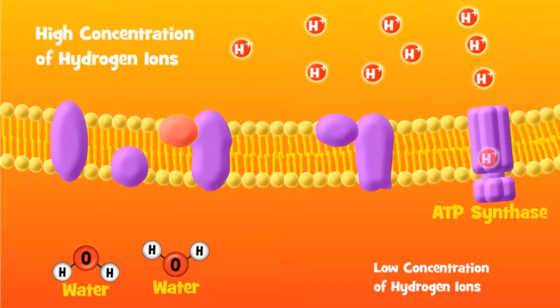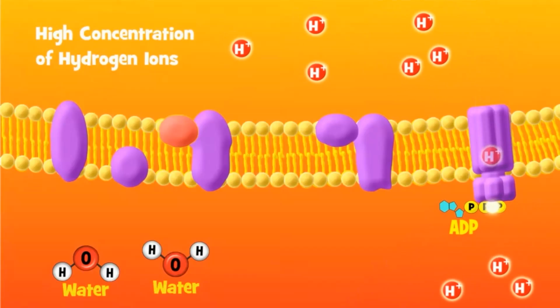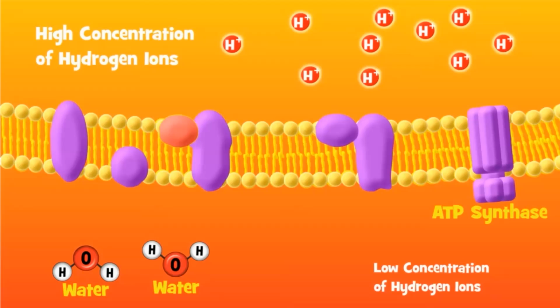You may remember that molecules tend to move from areas of high concentration to low concentration naturally, a process known as diffusion. So, these hydrogen ions, in a manner of speaking, want to flow from the high concentration area of the intermembrane space to the low concentration area, the matrix. But they can only get through ATP synthase.